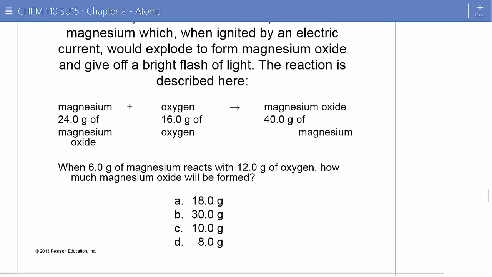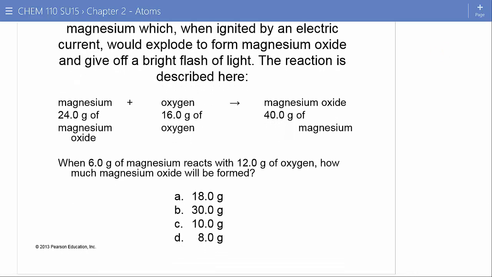And then the question that it's referring to says, when 6 grams of magnesium reacts with 12 grams of oxygen, how much magnesium oxide will be formed? So let's scratch out this bottom part. I think that's just a typo. So it's saying instead of 24, what if we go from 24 to 6?